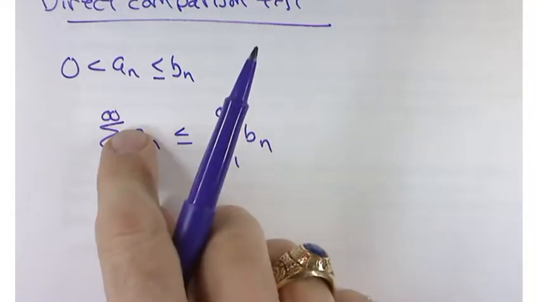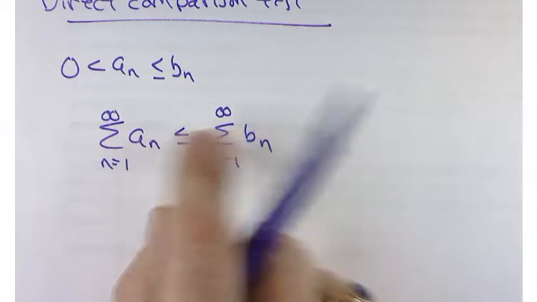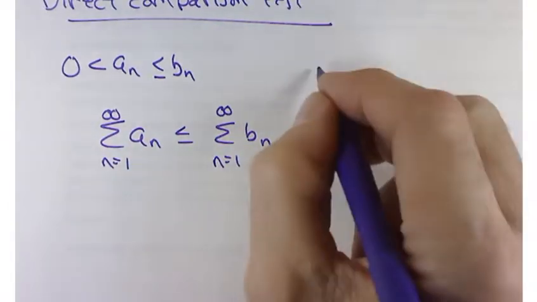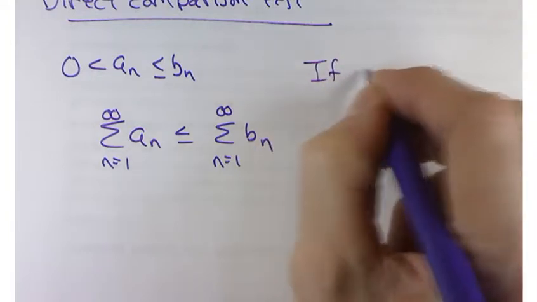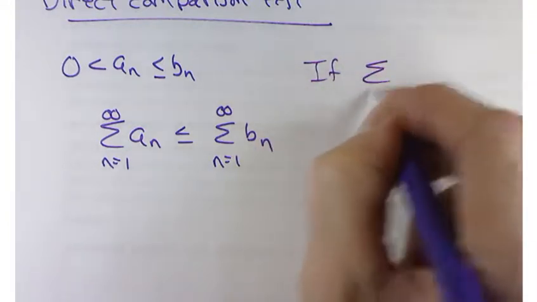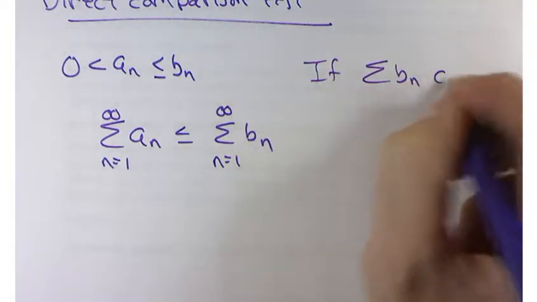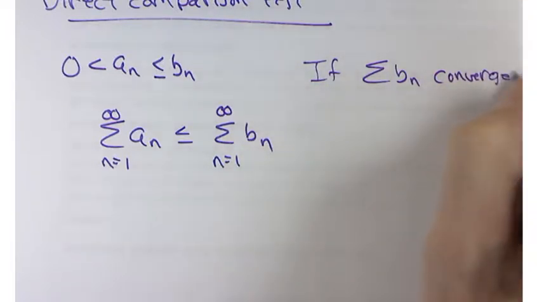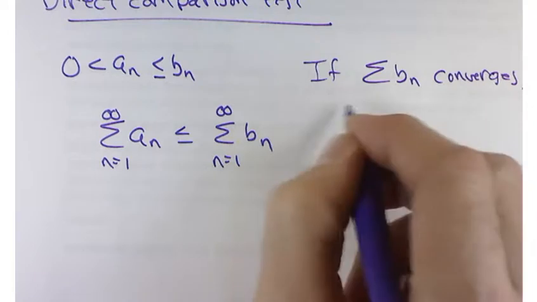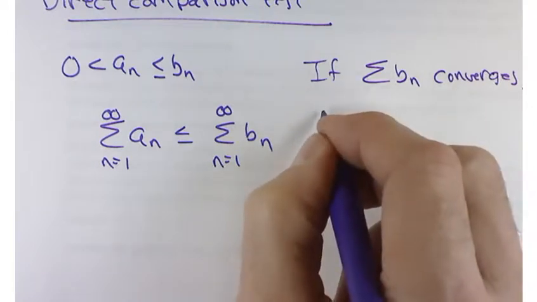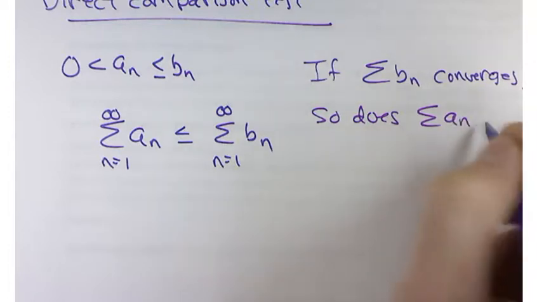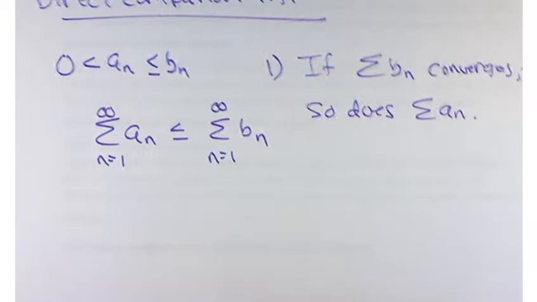There's no way that this could be infinite if it's less than something which is finite. So one possibility is if this series, b sub n, converges, then so does a sub n.